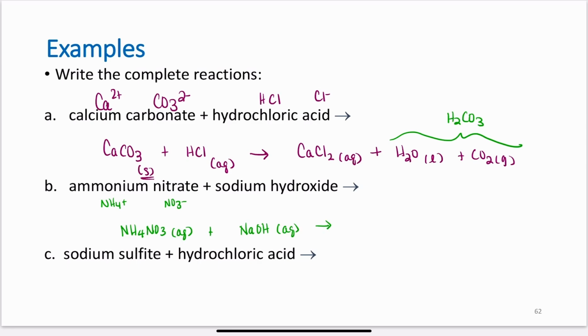When they swap partners, they're going to form NaNO3 and NH4OH. But I have to recognize that this NH4OH is going to further decompose, forming H2O, and what's left over is NH3. And that will be a gas.